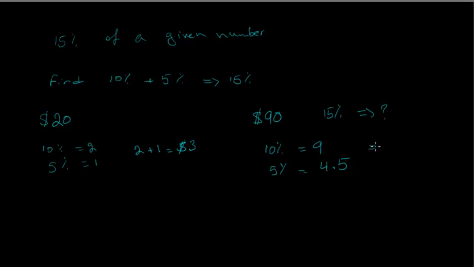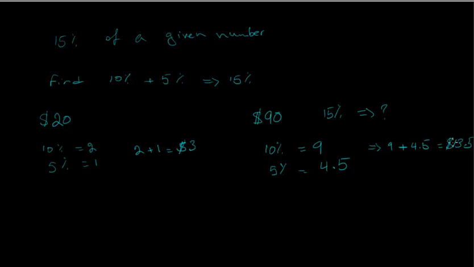So to calculate 15%, we add up 10%, which is $9, and 5%, which is $4.5, and we get the price that is $13.5.